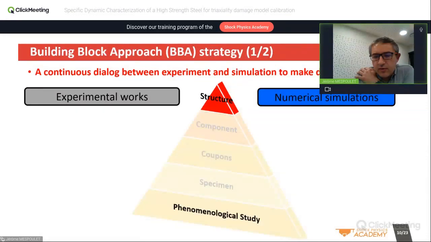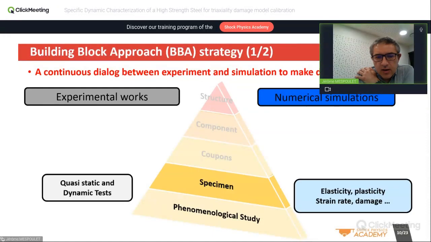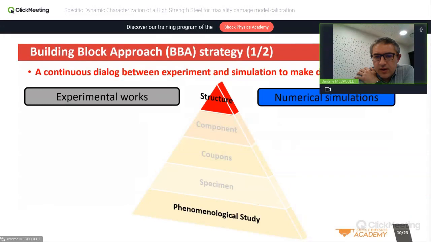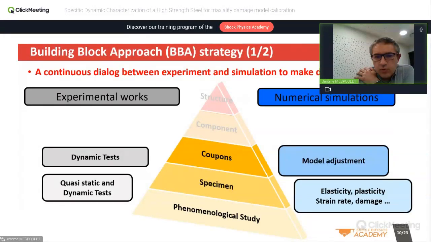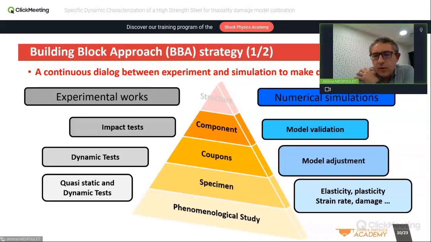We first make phenomenological studies, and after, on classical specimens, we make some quasi-static and dynamic tests, so as to collect data on elasticity, plasticity, strain rate, and some damage. And then we make some coupon tests to make dynamic tests and adjust the model. And after, we can have other steps that use some components.